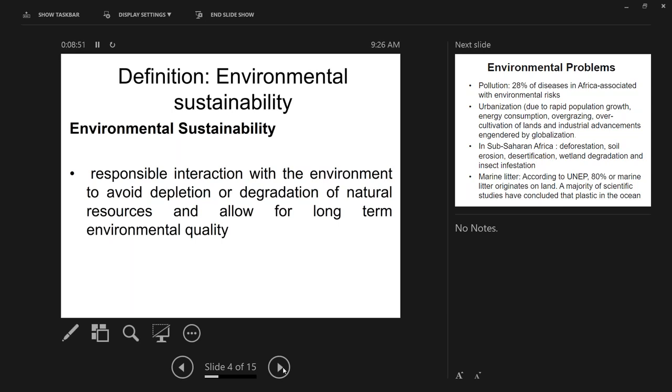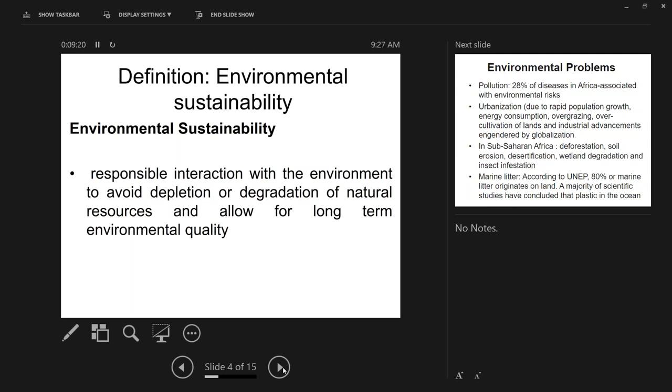You see, urbanization, slums, and how that affects the quality of our environment. In sub-Saharan Africa, we have another environmental problem, which is deforestation, soil erosion, desertification, wetland degradation, and insect infestation.